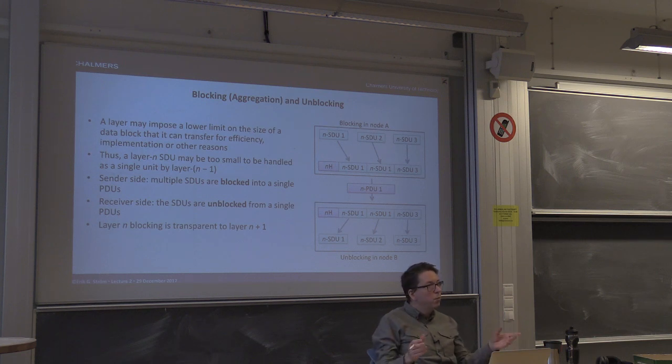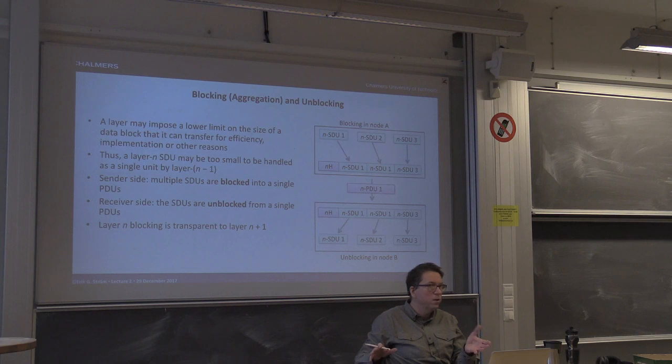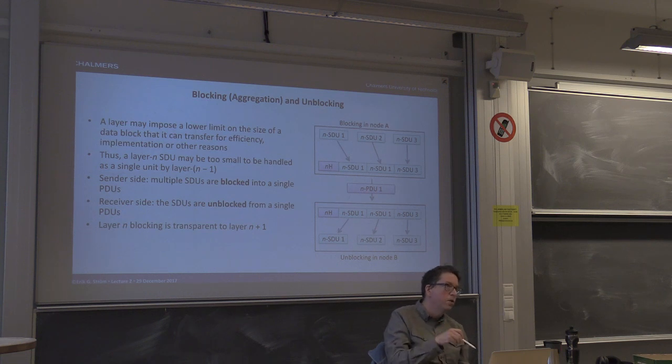So what do I need to do? Well, I need to take these single bits until I have 8 bits, and then transmit them as one unit, right? Because the layer below me doesn't accept single bits, only at least 8 bits. Okay, so this is the inverse of segmentation and reassembly, and that's sometimes called blocking or aggregation and unblocking.